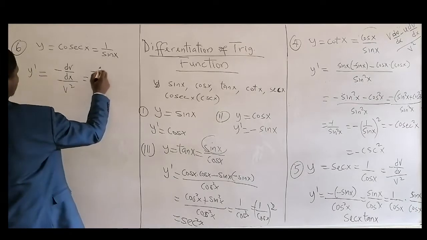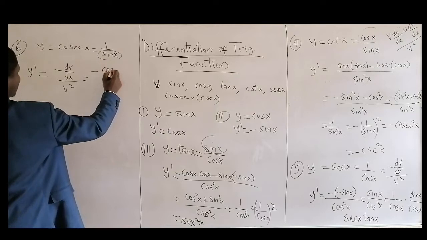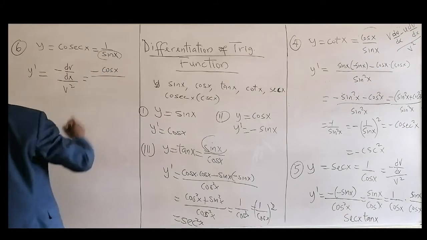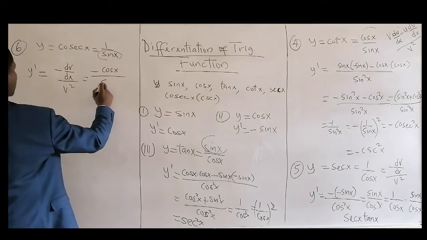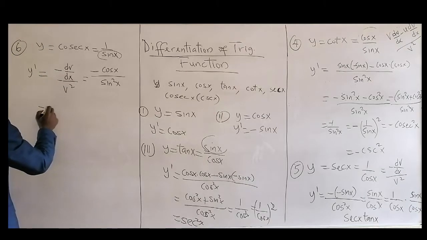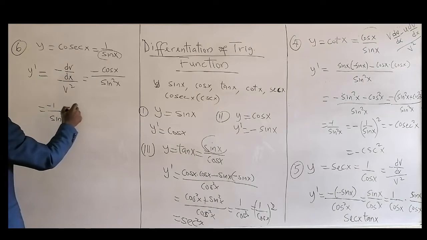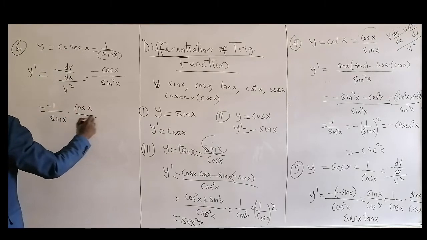So this will be minus the derivative of sine, which is cos x, all over v squared, sine squared x. We can also break this one: minus 1 over sine x times cos x over sine x.